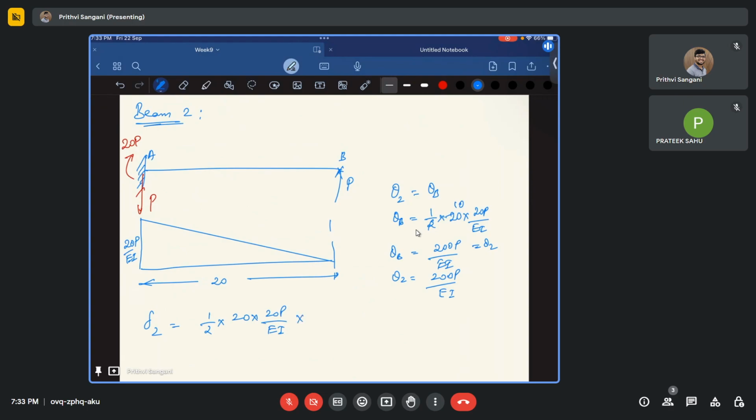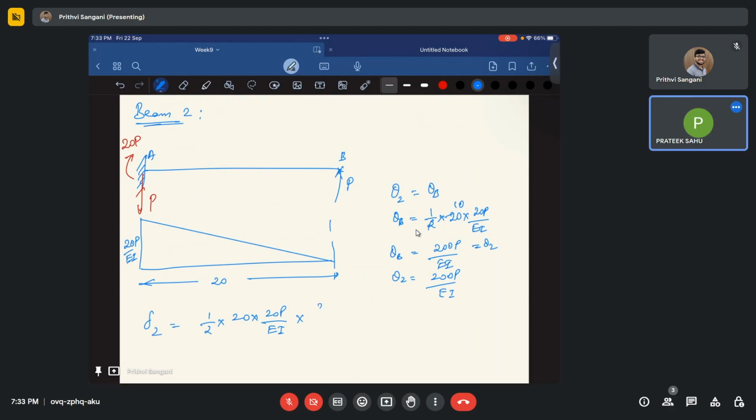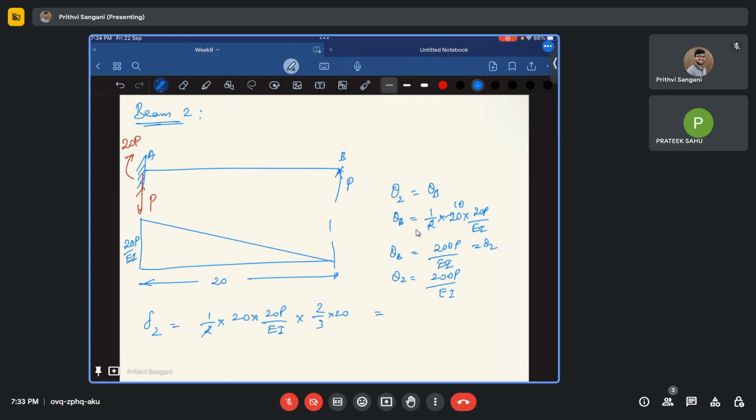Now what should be the centroid? Two-thirds of 20. Yes, 2/3 of 20. So this is going to be 8,000P by 3 EI.